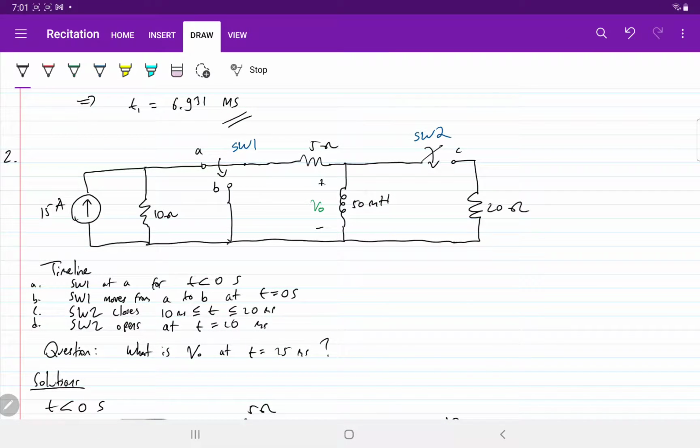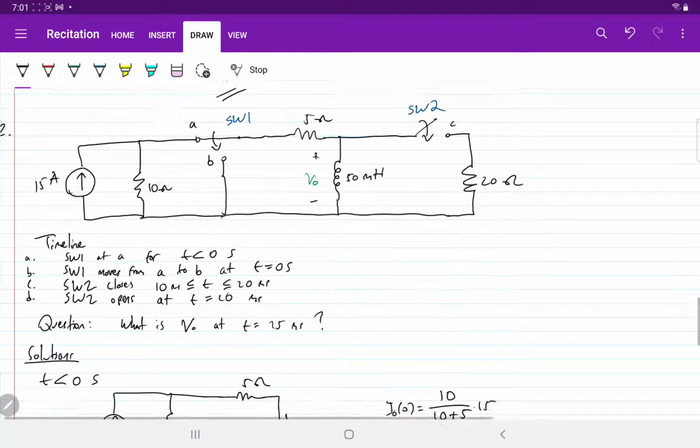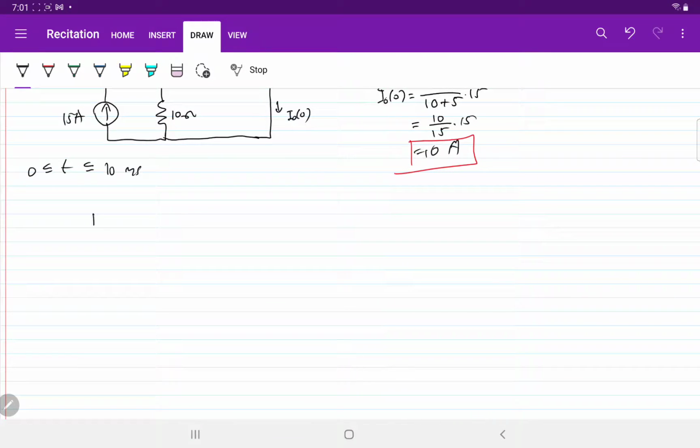So once this inductor is fully charged, then switch number 1 moves from A to B. So we have this circuit: 5 ohm, and this will be the inductor.